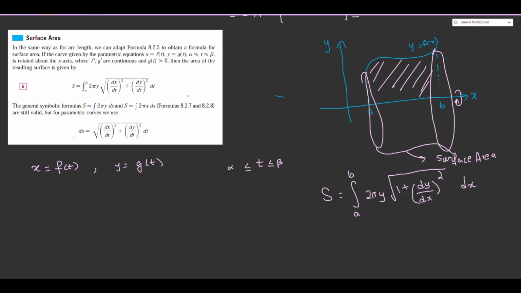We get the following formula: s equals the integral from alpha to beta of 2 pi y, under the root dx by dt squared plus dy by dt squared, and then we integrate with respect to t.